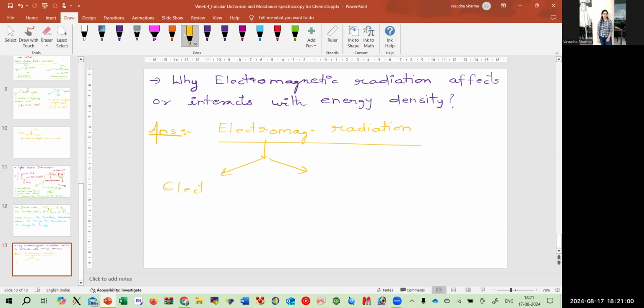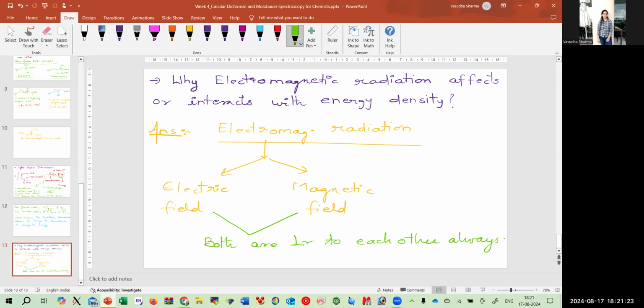One is the electric field, another is the magnetic field, and they are always perpendicular to each other. Among the two, the electric field vector is very dominant compared to the magnetic field. So this vector affects the electron density.